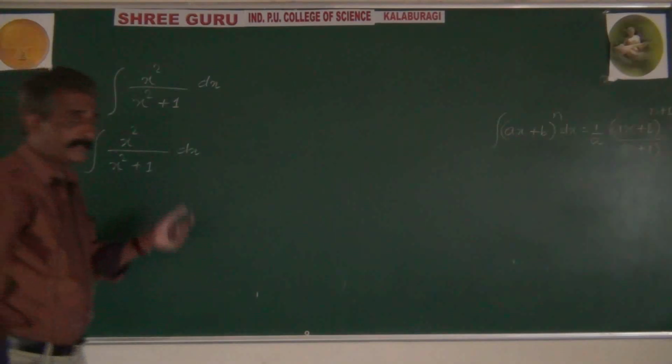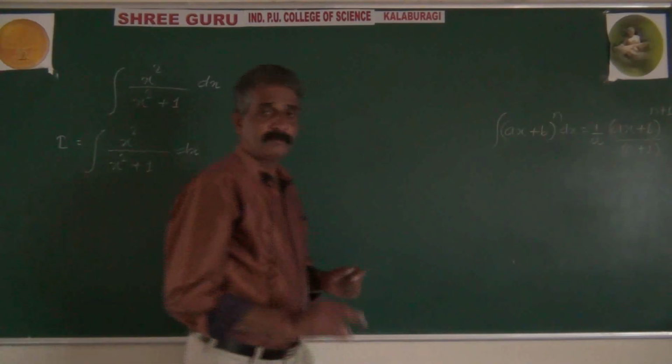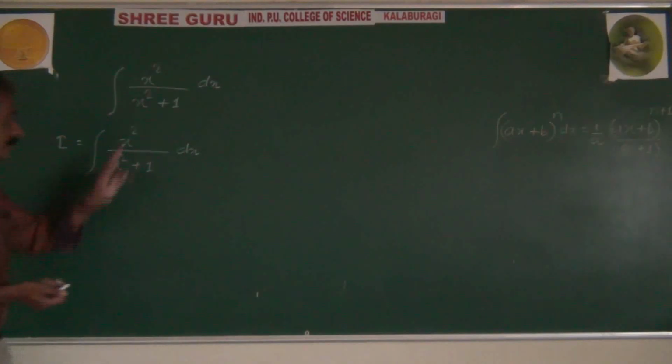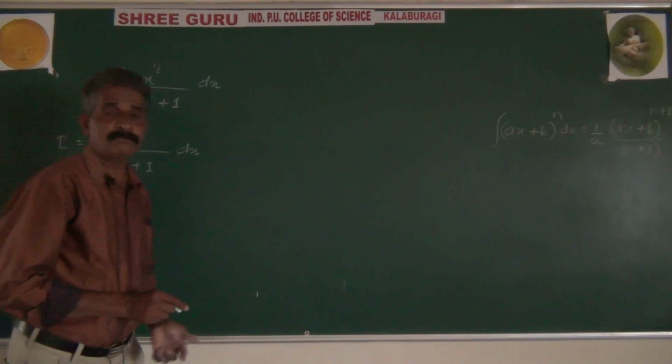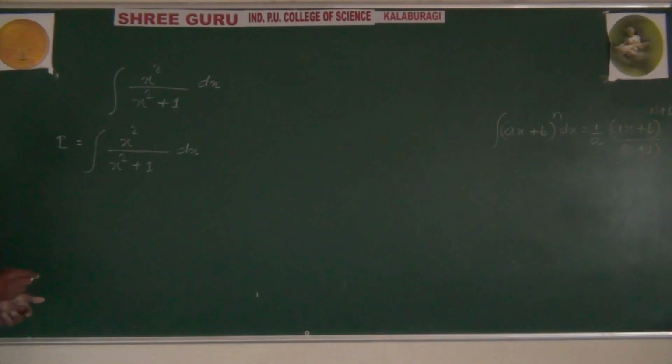Right now, for this arrangement, we don't have a formula. We have a formula for integration of 1 by x square plus 1, which is tan inverse of x. Here, because of this extra x square, that formula cannot be applied right now.